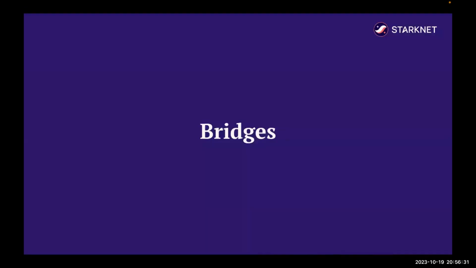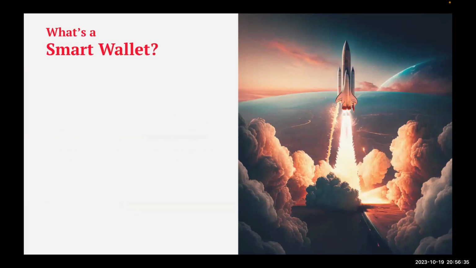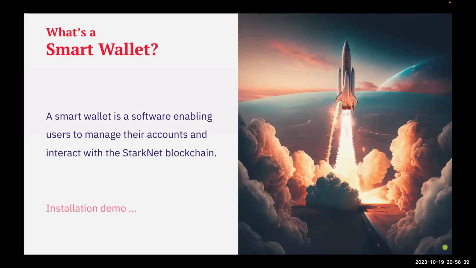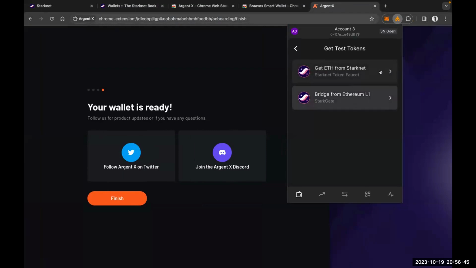We need some tokens, and where to get them? We'll get them from a faucet. We can click just on this link to get some info from Starknet, from faucets.